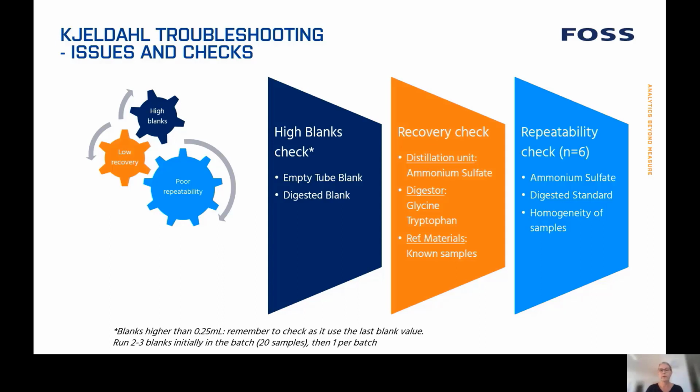If you have poor repeatability, then you can do a repeatability check: run at least 6 samples with a known value. You can also use ammonium sulfate or a digestion standard.